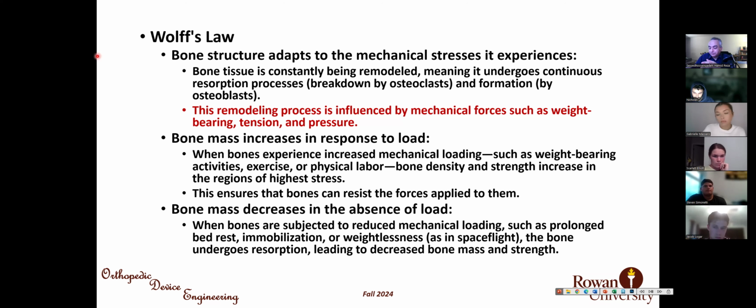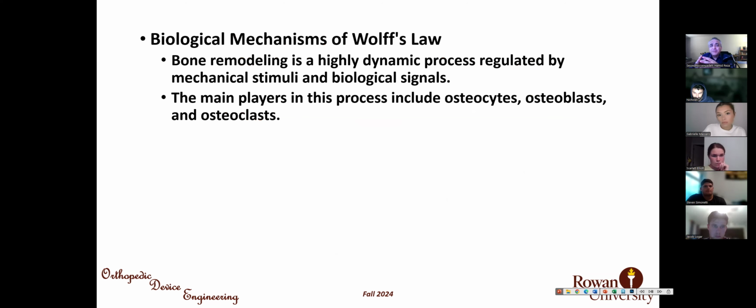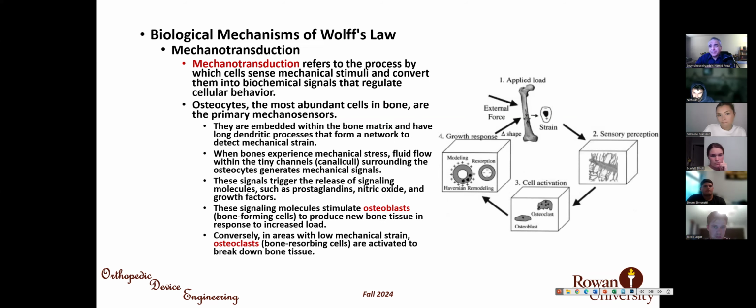How does it work? It works based on the osteocytes. We said the osteocytes are trapped inside the bone, and they are connected with each other through extensions attached together. These extensions are inside very tiny channels inside the hard bone tissue. These channels are filled with fluid.